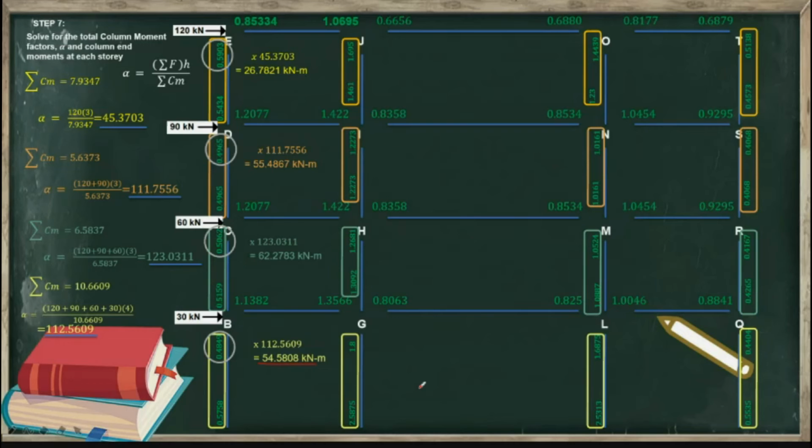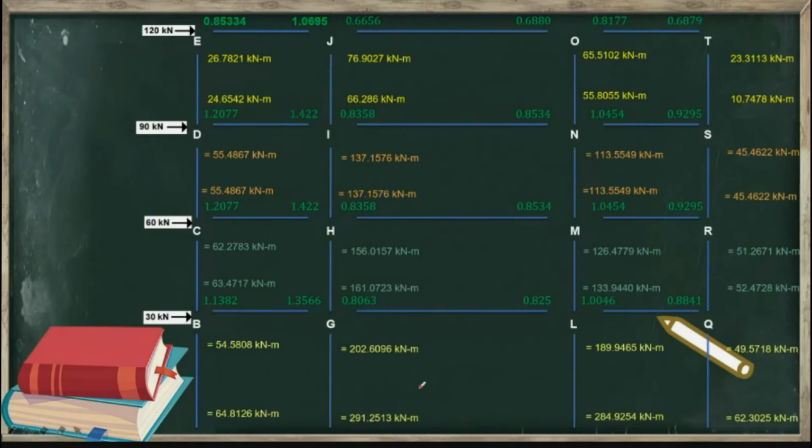So for getting all the moments for each column, so ito na siya. Yan na yung mga value natin ng mga column moments natin. So nagkaroon na tayo ng talagang pinaka-end moment natin sa member natin ng columns. So, meron na tayong mga moments sa column.